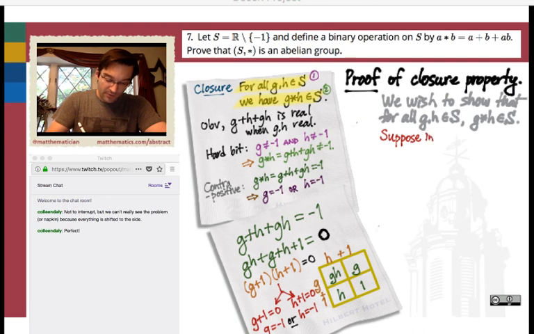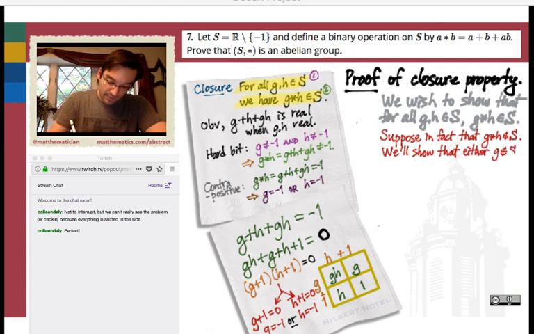So maybe, suppose in fact, that G star H does not belong to S. Okay. And then, again, tipping your hand to the contrapositive argument, we'll show that either G does not belong to S or H does not belong to S.